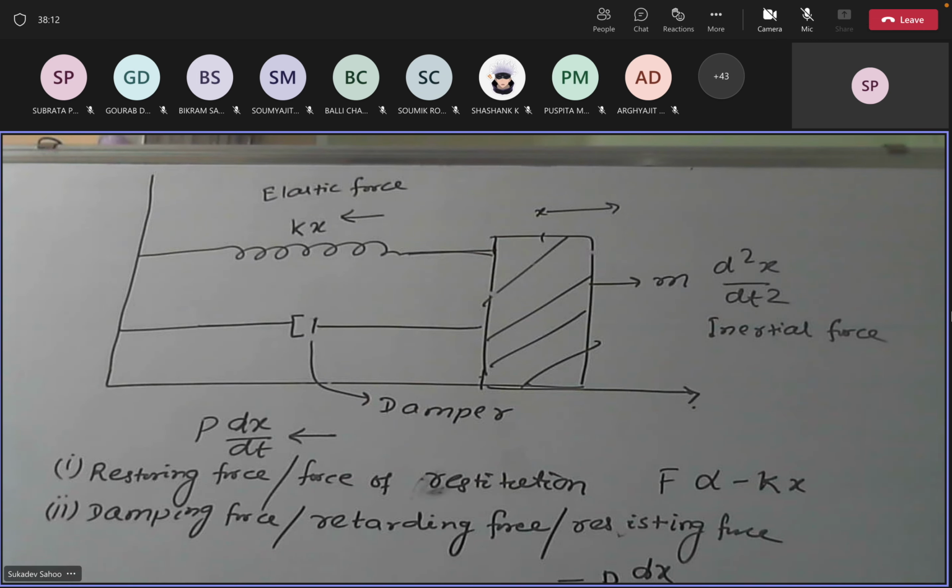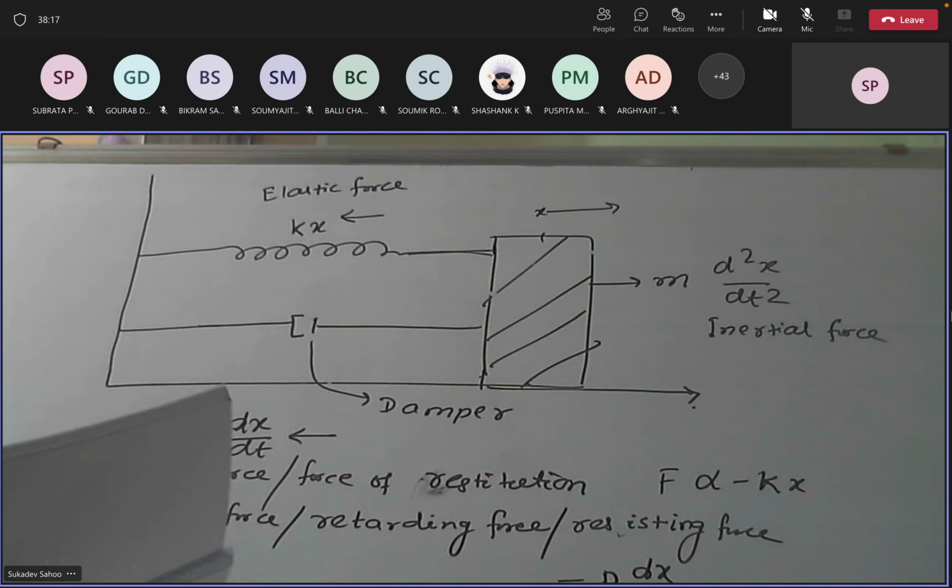That is according to Stokes' law. If you remember from your school physics, viscous force depends upon the velocity.